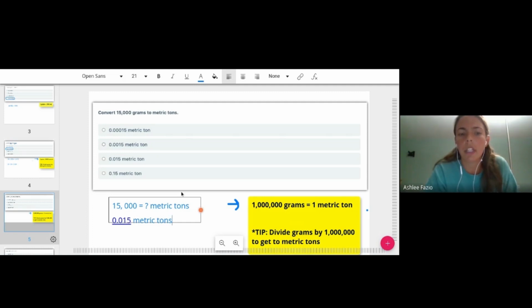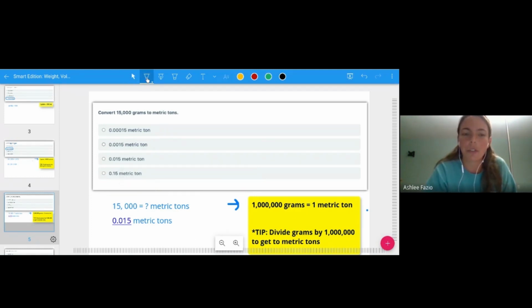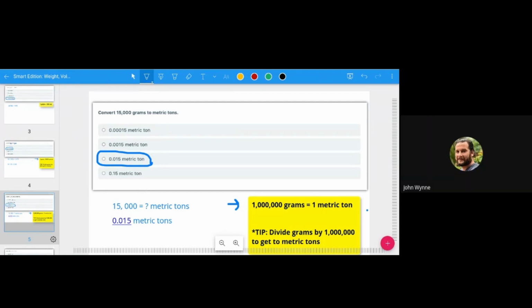So definitely tricky, making sure that you put the right amount of zeros in there. And then also take a second and make sure you choose the right answer. 0.015 would have to be this one. Don't be tripped up by the fact that all these look so similar. Just take your time at that last step and make sure that you're choosing the right one.